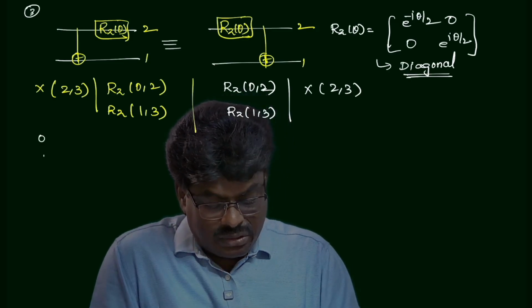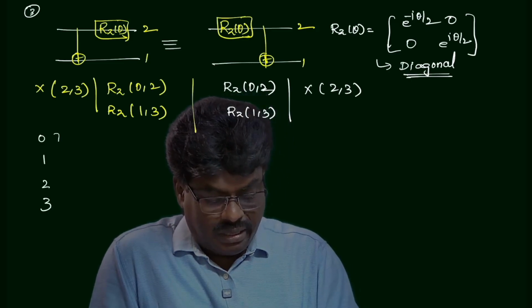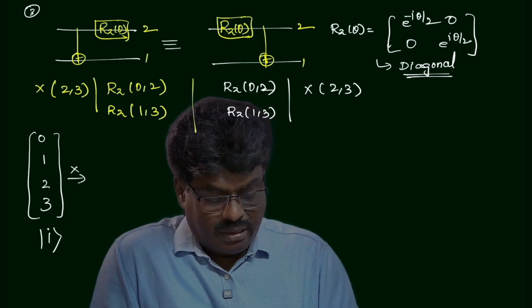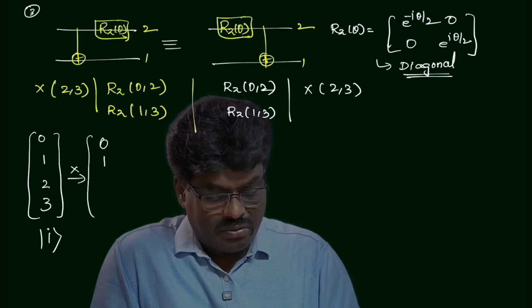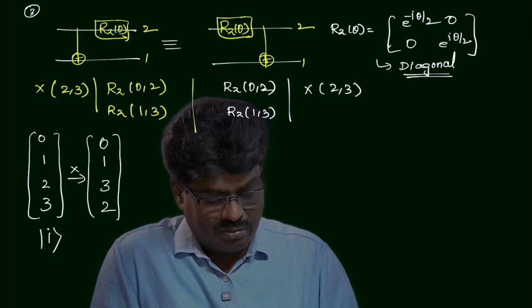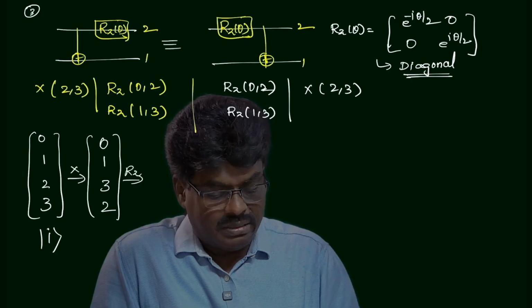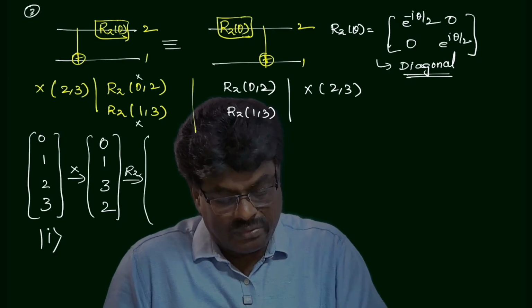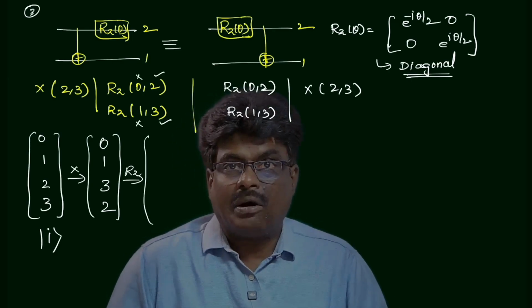Now here 0 1 2 3 I have taken this initial state, and x gives 0 1 3 2, and rz. So here 0 and 1 are in off, 2 and 3 are in on.